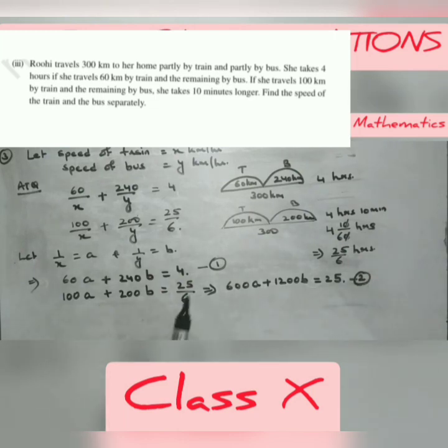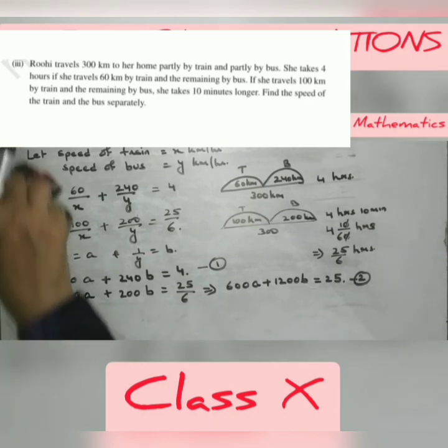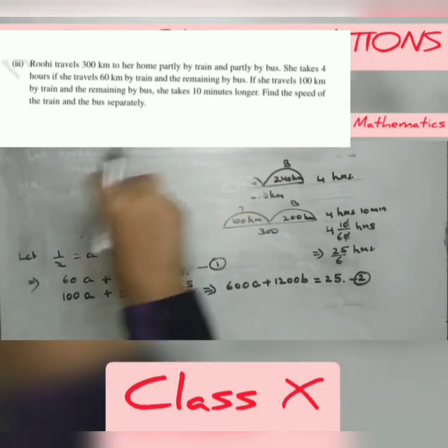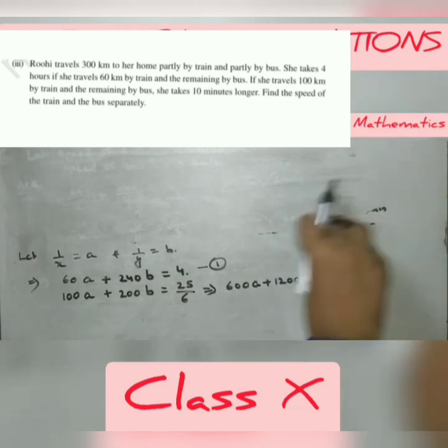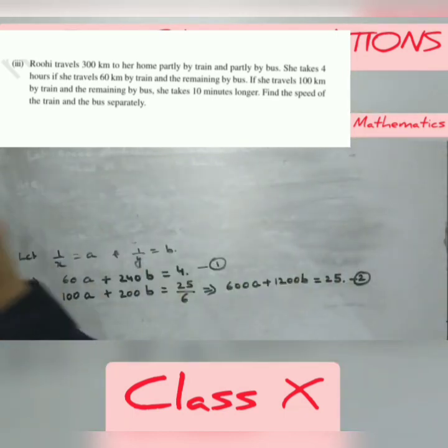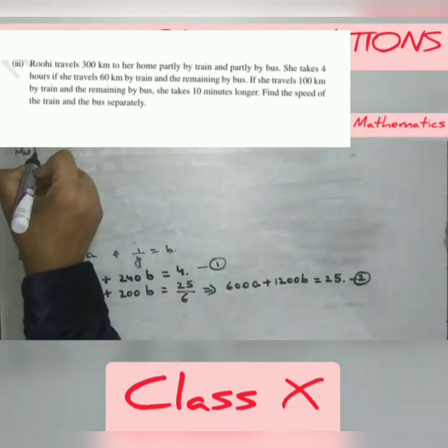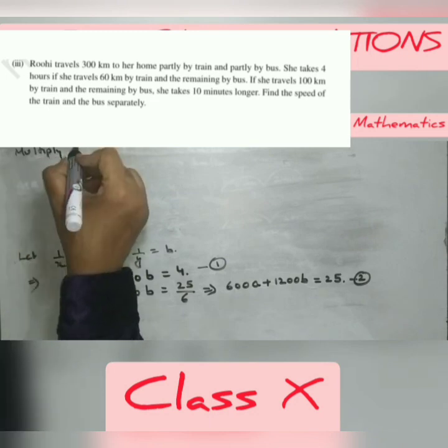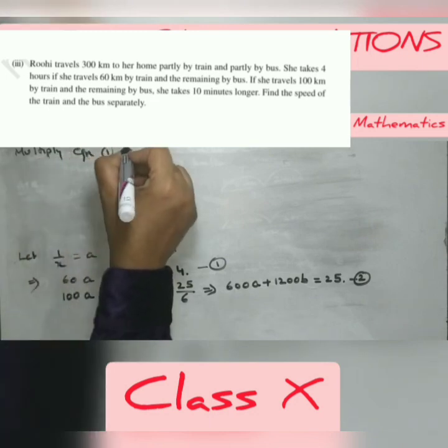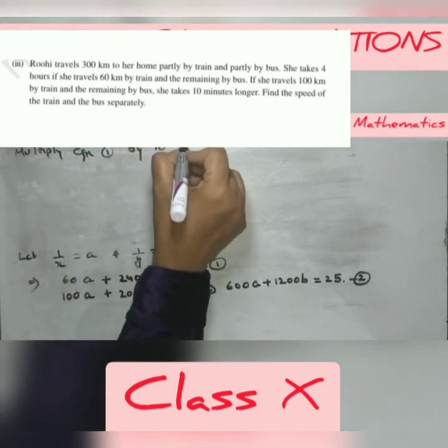Now see, in equation 1 the coefficient of a is 60, in equation 2 the coefficient of a is 600. So to make 60 equal to 600, you have to multiply equation number 1 by 10, using the elimination method. So multiply equation number 1 by 10 and subtract.